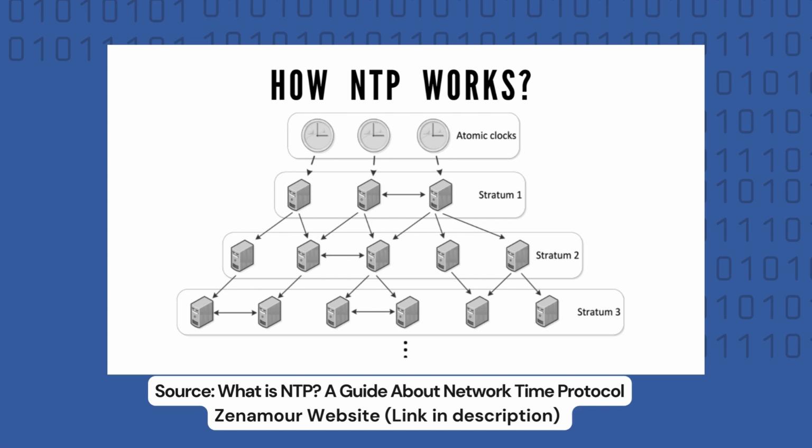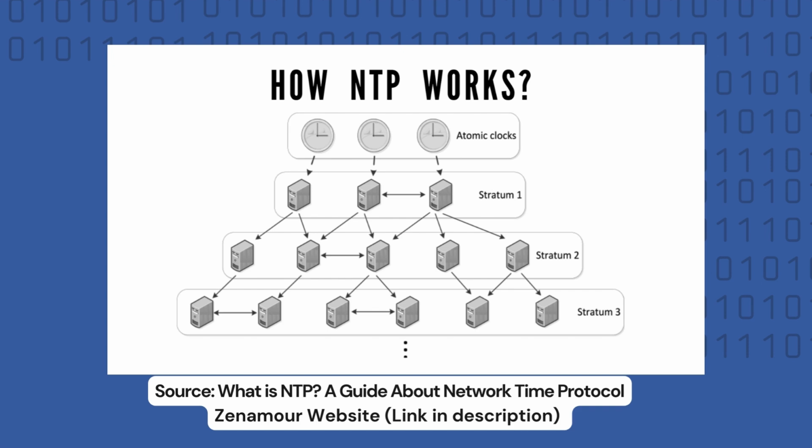When we take a look at the NTP stratum architecture, we can see that in the first level, or the stratum 1 level, we have servers connecting to a reference source that is essentially the accurate clock source. Examples of that would be the atomic clock or a GPS signal source.